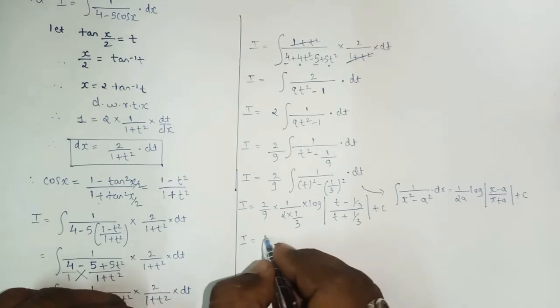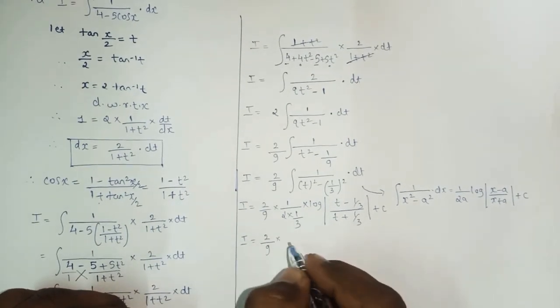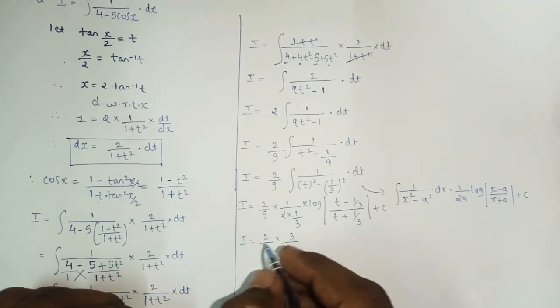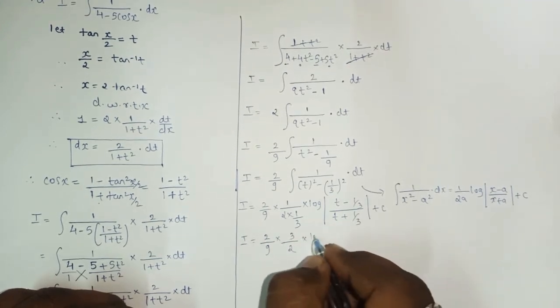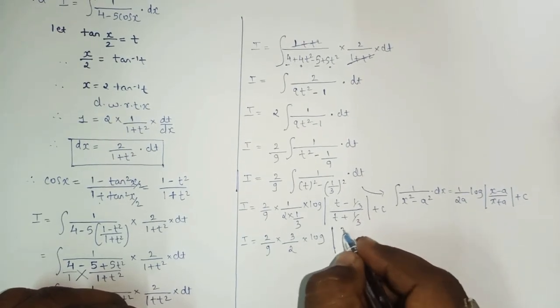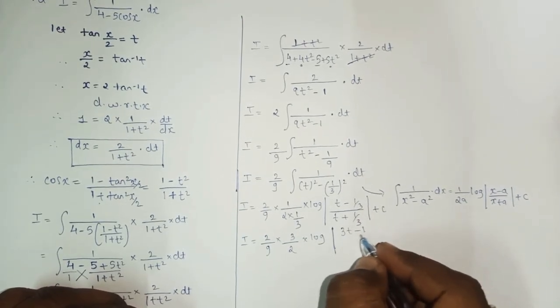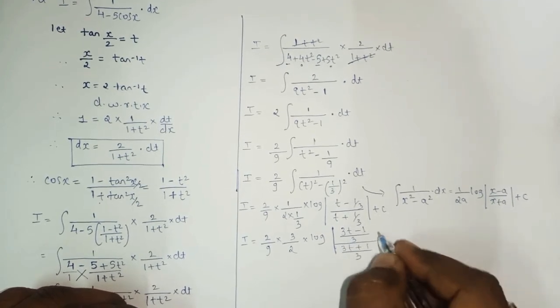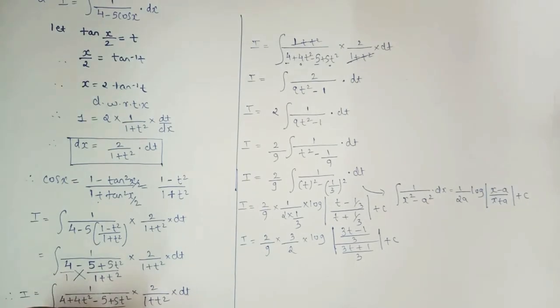Now basic adjustment. So here this we can write as 2 upon 9 into 3 by 2 into log, cross it. So here this part will be what? 3t minus 1 upon 3, 3t plus 1 upon 3 plus c.